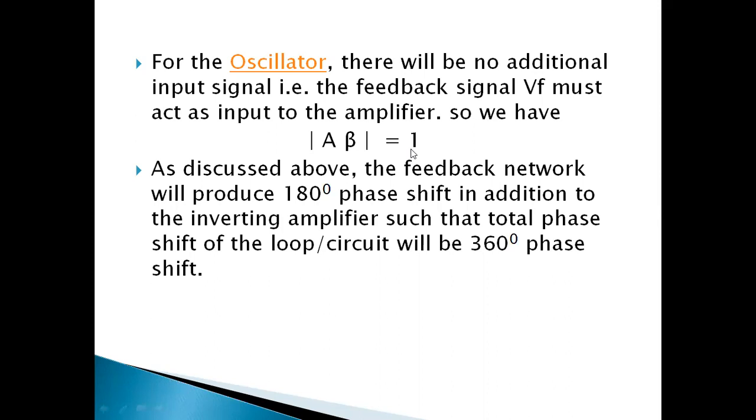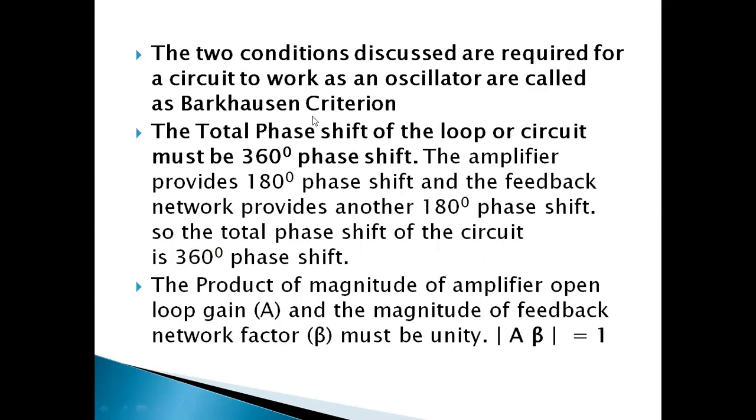So for any oscillator, in order to generate oscillations, the circuit must satisfy these two conditions, and these two conditions are called the Barkhausen criteria. Any circuit working as an oscillator should satisfy these two conditions.